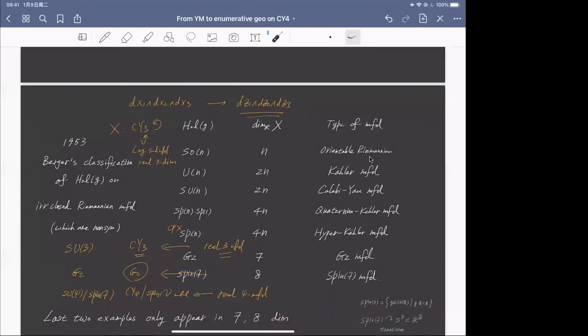May I ask one question? I'm interested in the compactness of the moduli space. When you consider the complex Chern-Simons on a Calabi-Yau threefold, the critical points are compact.